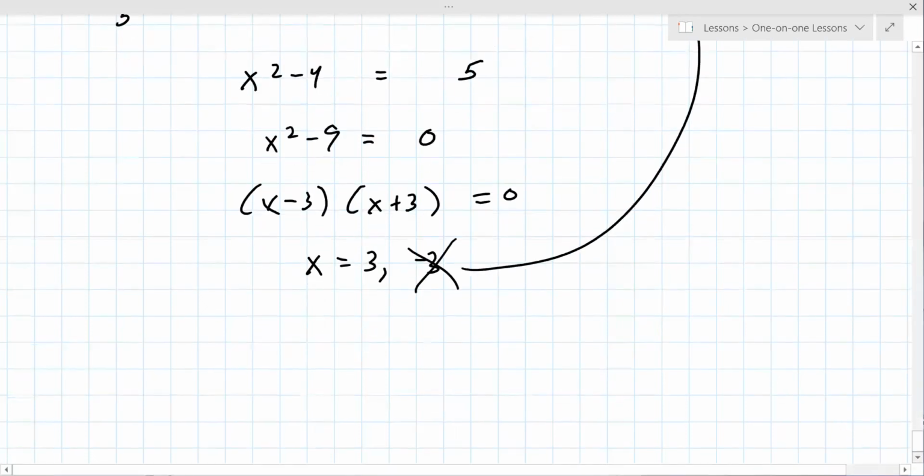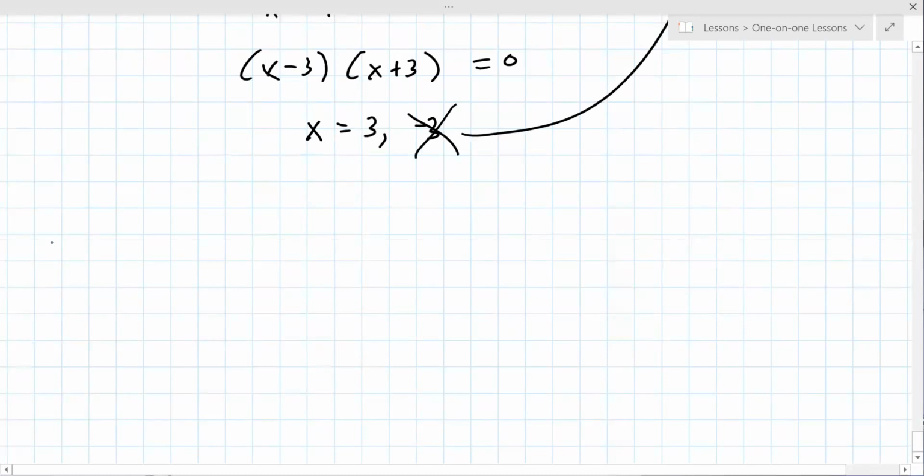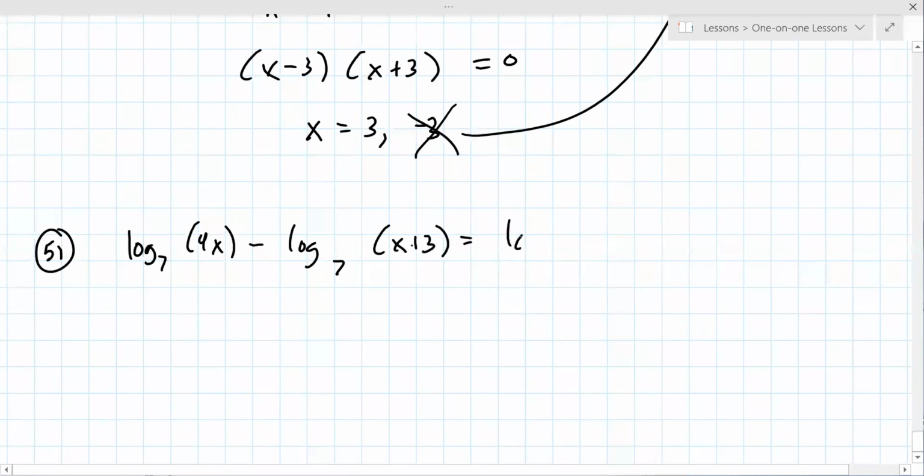All right, let me get caught up to you here. Log base 7, 4x minus log base 7 x plus 3 equals log base 7 x. All right, on the left side, we can write this as a fraction, 4x over x plus 3. Is that okay?